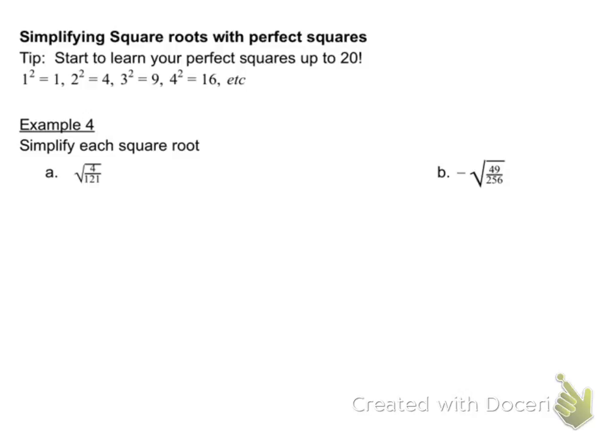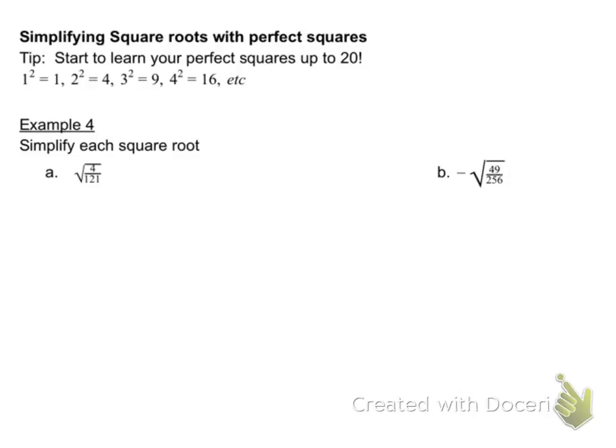I would, at this level, know all the way up to 20 squared. 20 squared is 400. If you start to do that now, the rest of your math career starts to get a little bit easier. Because you're going to start to see these numbers come up a lot.